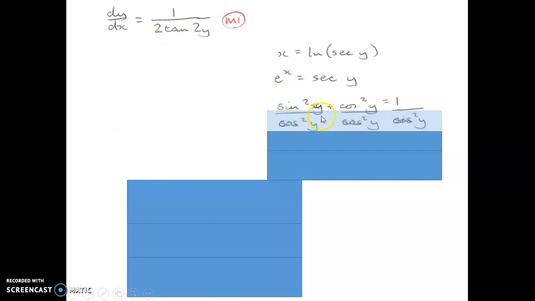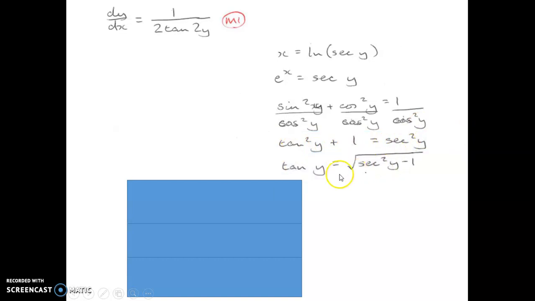So if I divide through by cosine, then I end up with this identity here. And so I can say that tan y is equal to the square root of sec squared y minus 1. Okay, so that's given me a relationship between tan y and sec squared y.